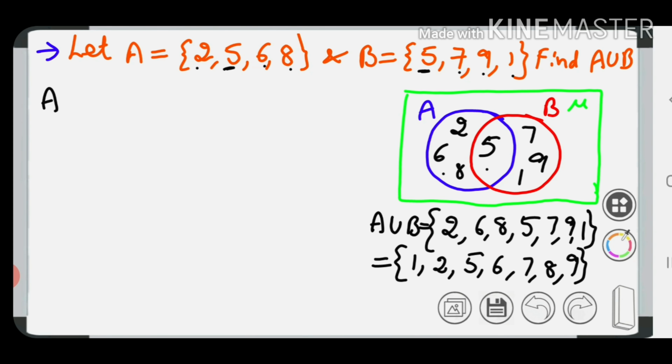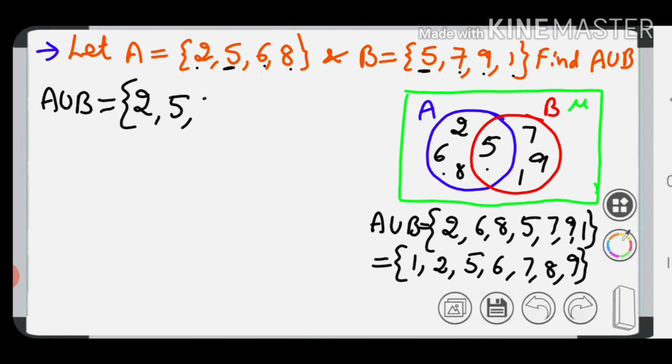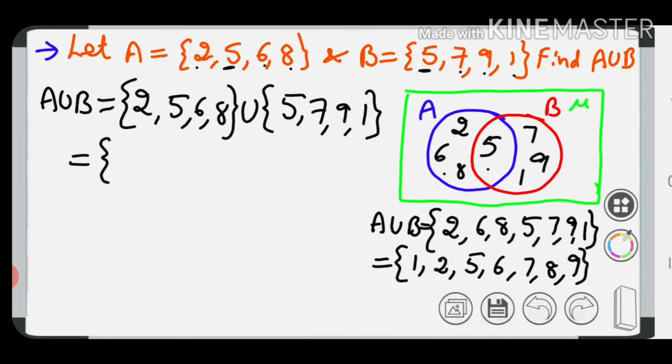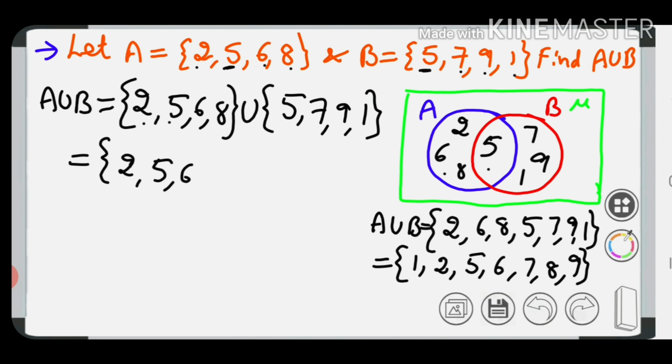If you have to write A union B, first you have to write the set A, {2, 5, 6, 8}, union B. Next you have to write the B set, that is {5, 7, 9, 1}. Now we have to write a combined set which contains all the elements. So first you have to write the elements in A, that is 2, 5, 6, 8.